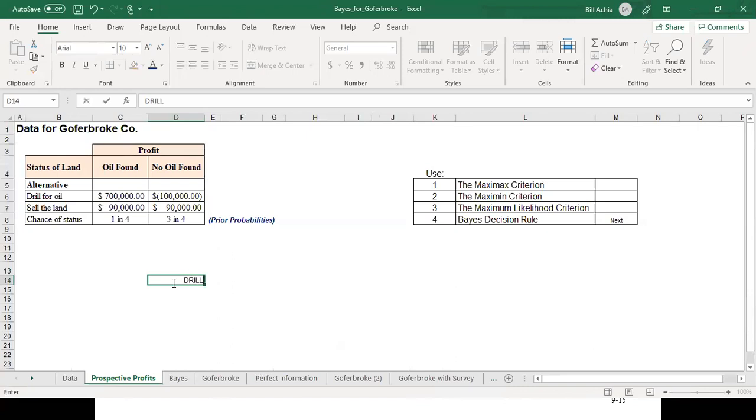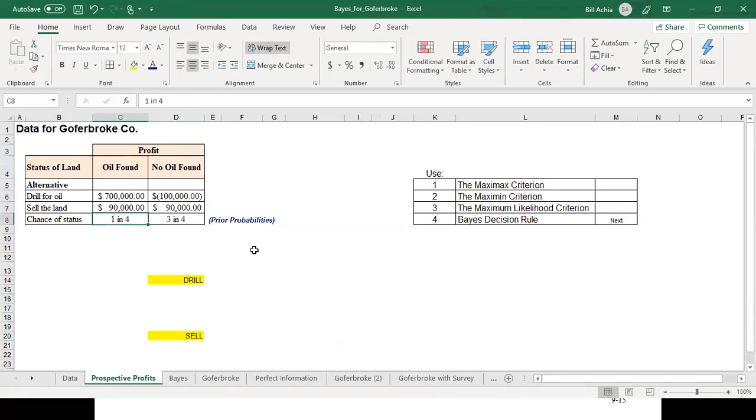If you are to draw this in Excel, chances are you can either manually draw it and take a picture, or you can do something similar to this, where you decide you're going to either drill or you're going to sell. Okay. The decision to drill is accompanied by some probability.